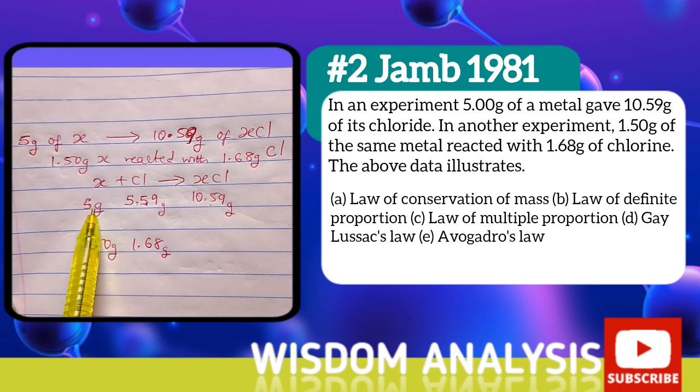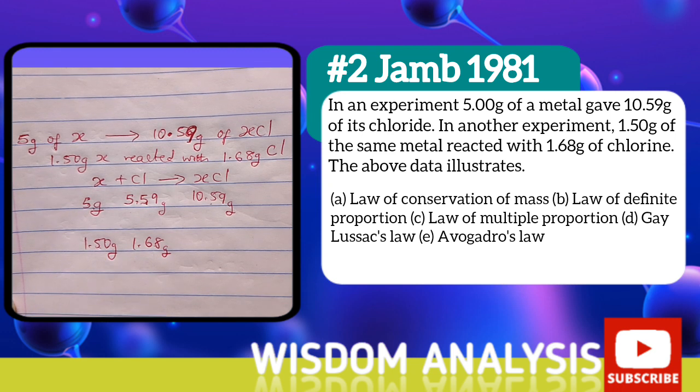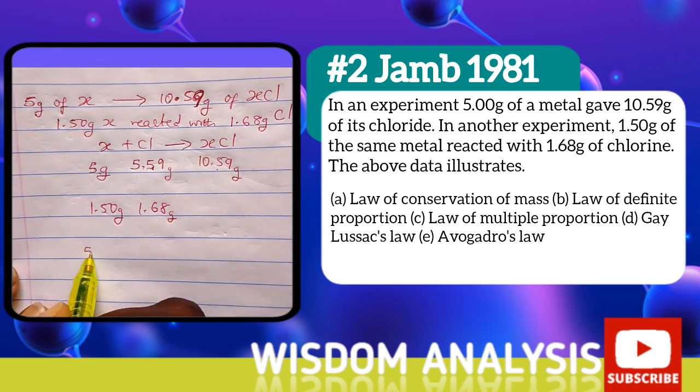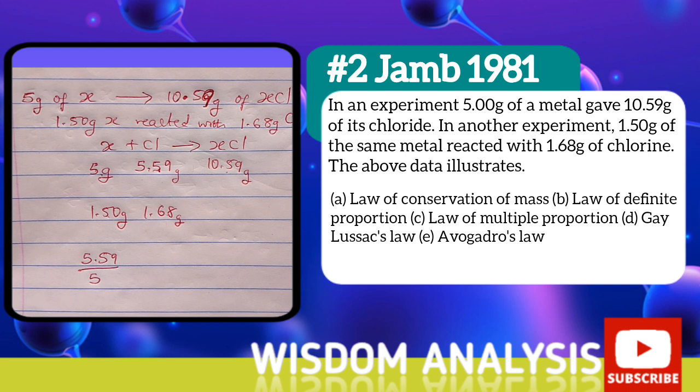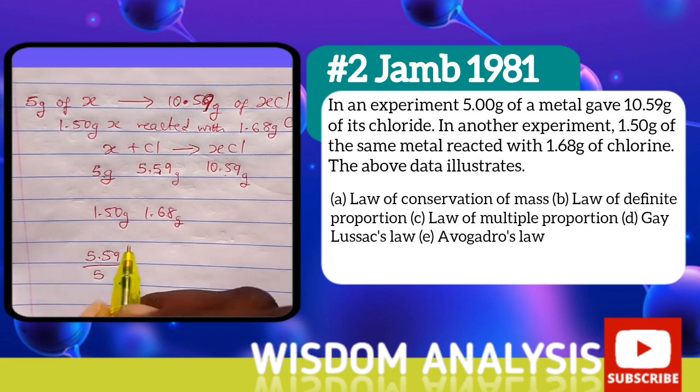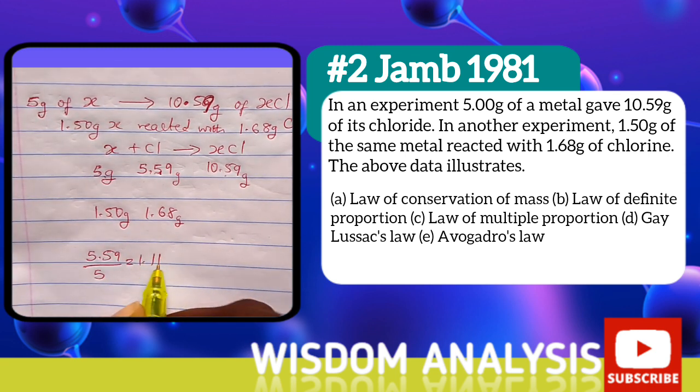The ratio of chlorine to X in both cases, that's what we are trying to find. For the first case, we divide the amount of chlorine by that of X. Put that in the calculator, and we have 1.118 as the ratio.